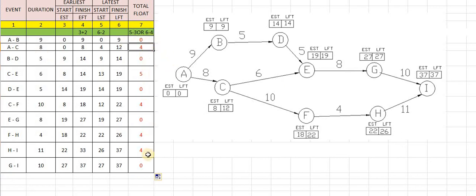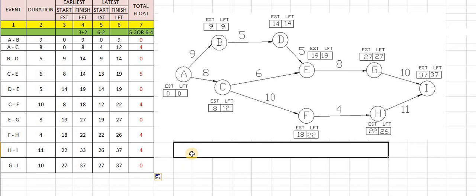So we will write down here the critical path: A to B, B to D, D to E, E to G, G to I.